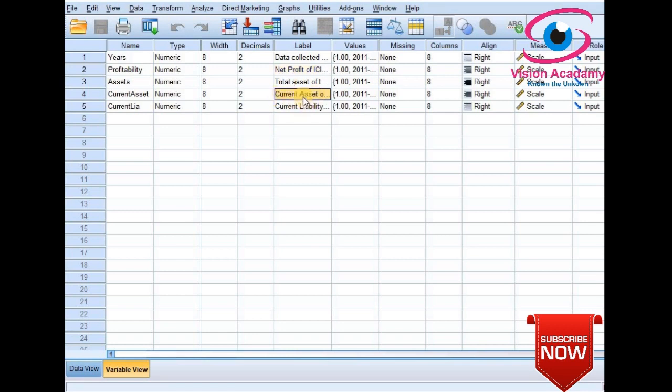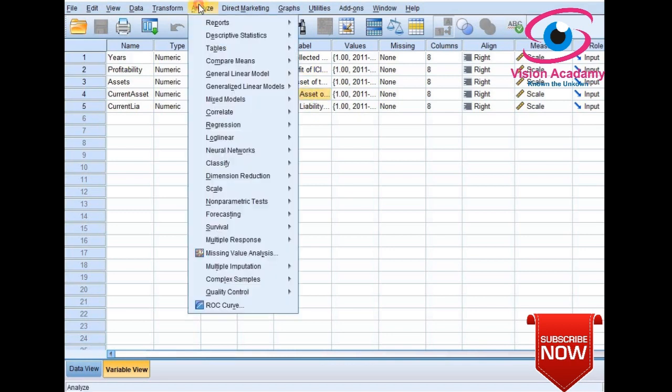In this case, current assets is the outcome variable, and net profit and total assets are the independent variables. Which means higher the net profit and total assets in ICICI Bank will lead to an increase in the current assets. Let us check this out.